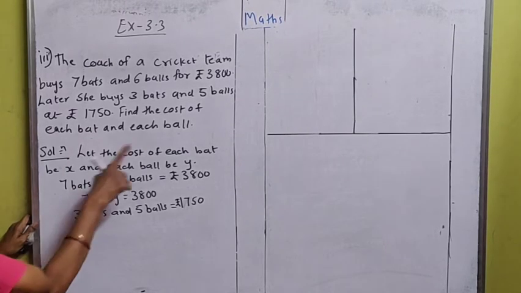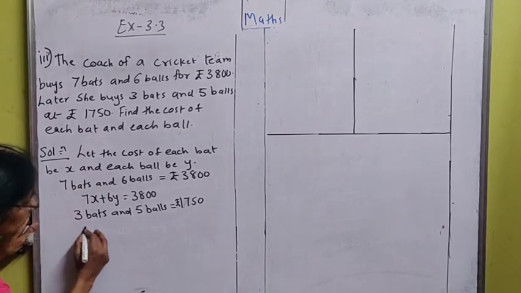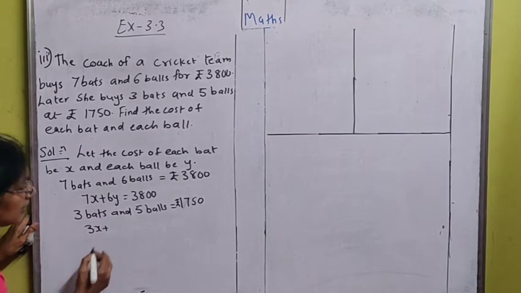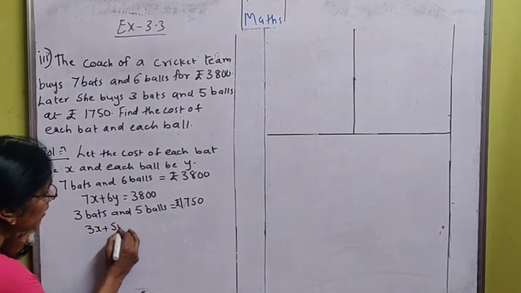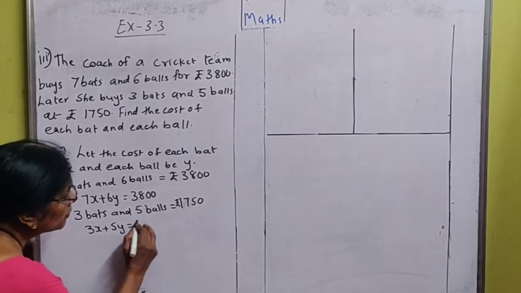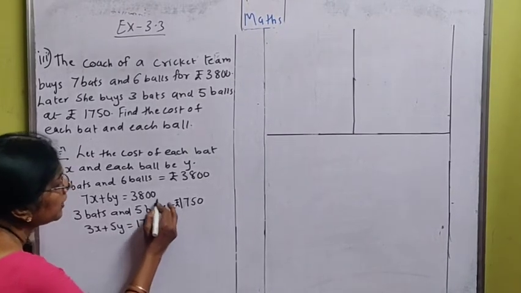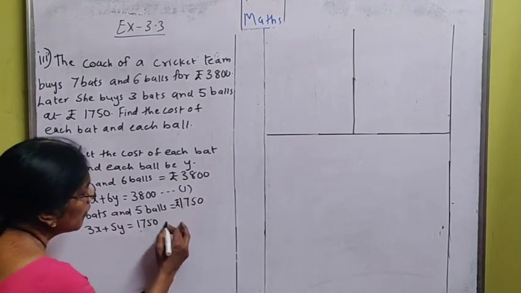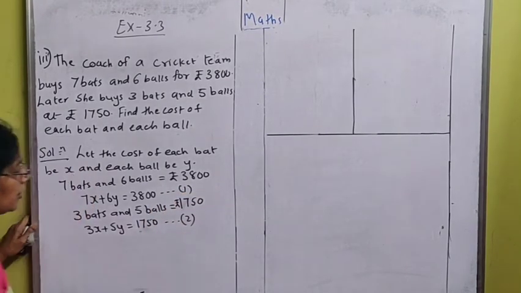Again, one bat costs x rupees, so 3 bats will become 3x and 5 balls will become 5y is equal to 1750. This is your equation number 1. This is your equation number 2.